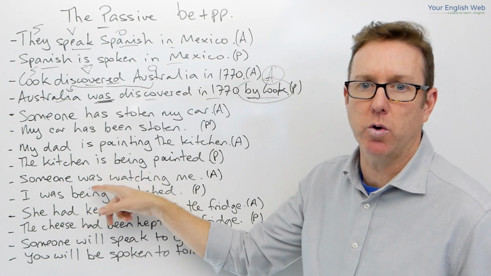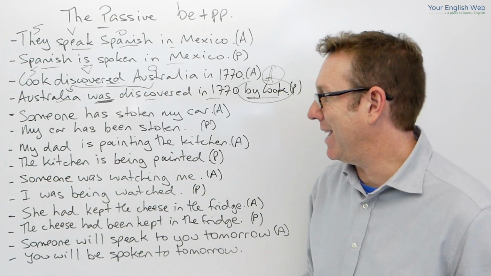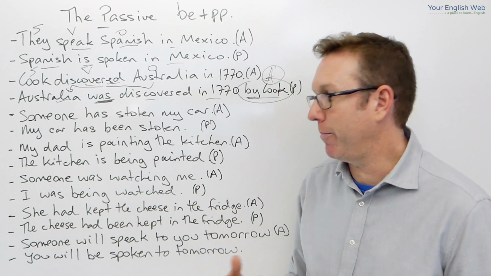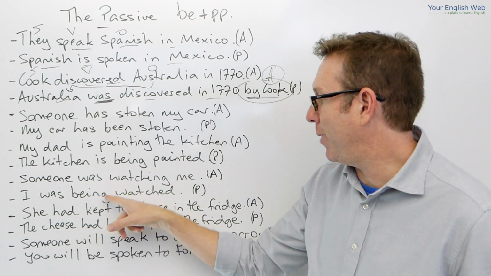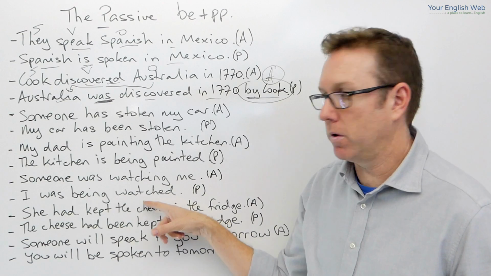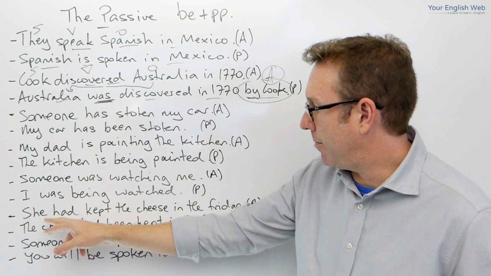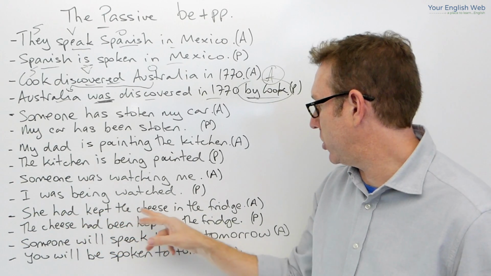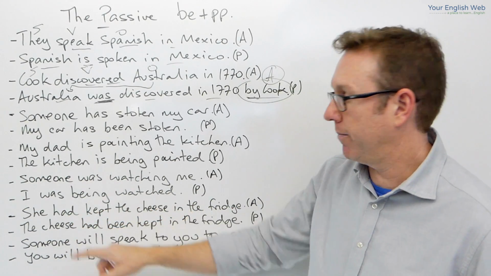Past continuous or progressive. Someone was watching me. Okay? I was being watched. Next example, she had kept the cheese in the fridge. Active, past perfect.